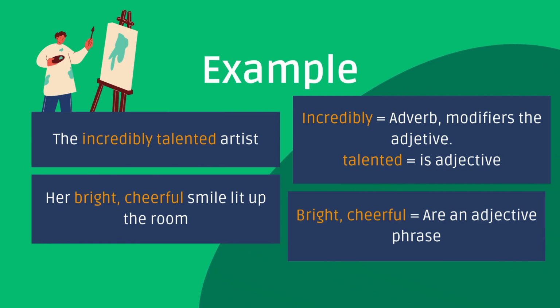For example, we have the sentence: the incredibly talented artist. The adjective phrase is incredibly talented. Incredibly is an adverb because it modifies the adjective, and talented is an adjective because it describes the artist.